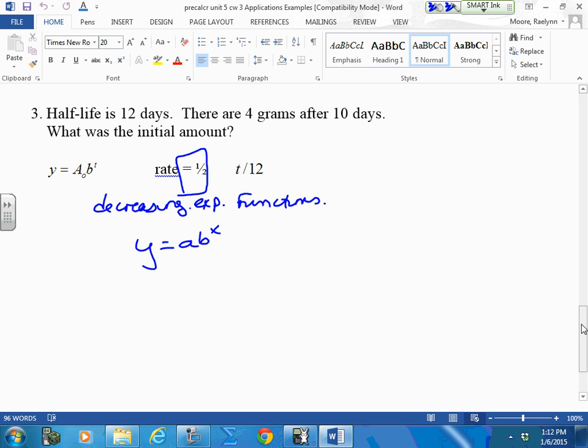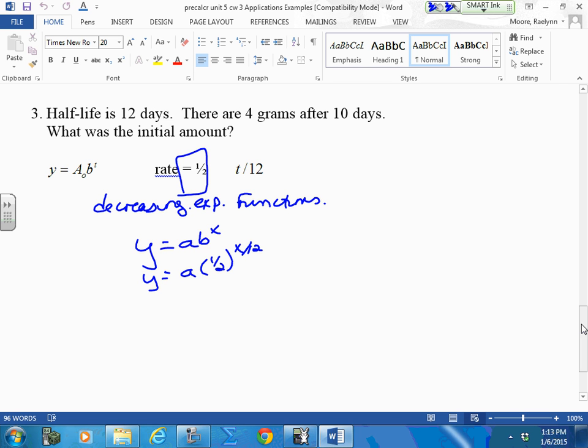They told me my half-life, so I'm halving, so I know the b is the half. And let me put this in first. They told me my half-life is every 12 days. What do I do with the 12? X over 12. That's what I forget. Good.